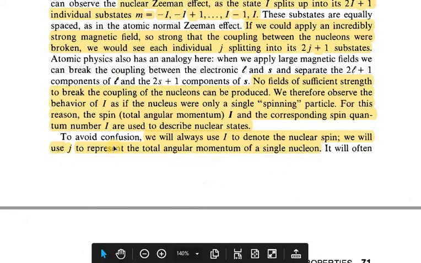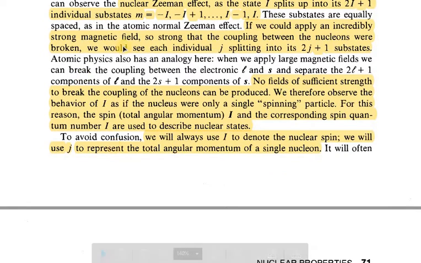For this reason, the total angular momentum I and the corresponding spin quantum number I are used to describe nuclear states. We will always use I to denote the nuclear spin. We will use J to represent the total angular momentum of a single nucleon. So we use I to represent the nuclear spin.